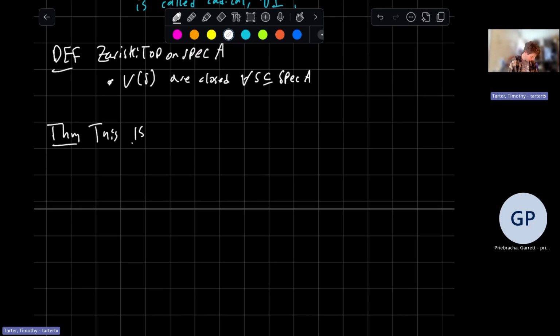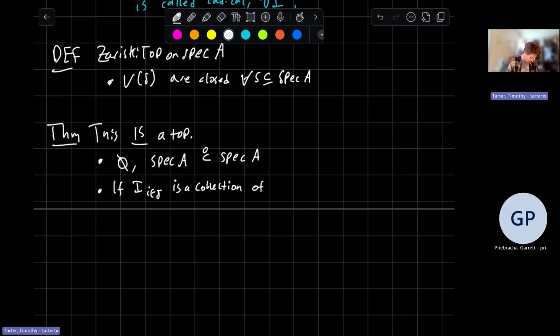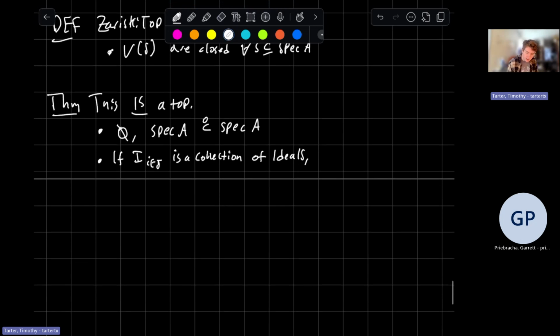Theorem. This is a topology, i.e., the empty set and Spec A are open in Spec A. If I_j over some index set J is a collection of ideals, then the intersection of the varieties is equal to the variety of the sum of the ideals.